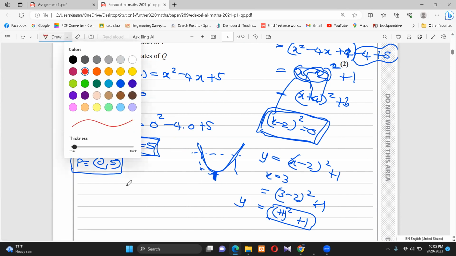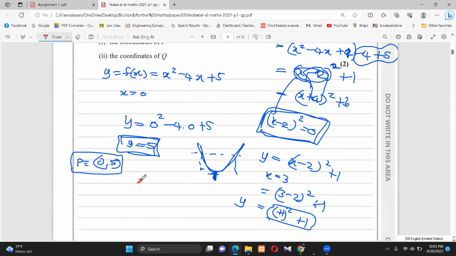Now I ask you to substitute x equals 1. Now what will happen? y equals 1 minus 2 squared plus 1, right? This is minus 1 squared plus 1. No need to simplify this. This is minus 1 squared, and this is plus 1 squared, right?